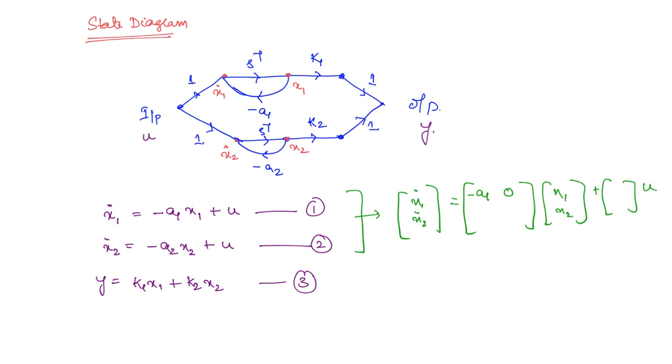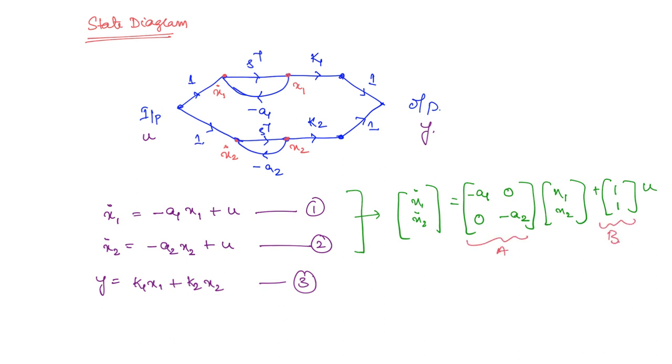And x2 dot is not related to x1, so you will write 0, and it is related to x2 with coefficient minus a2. Then what about the B matrix? You will have 1 and 1 here, because x1 dot is minus a1 x1 plus u, and similarly x2 dot is minus a2 x2 plus u. So you have the matrices A and B here.